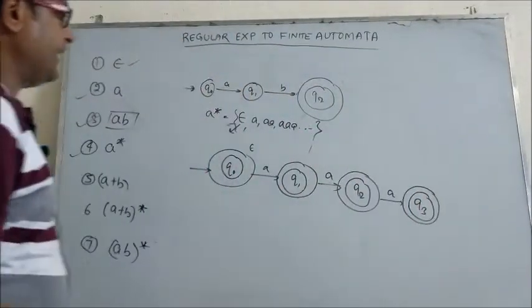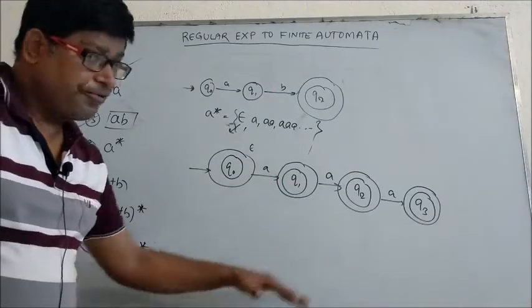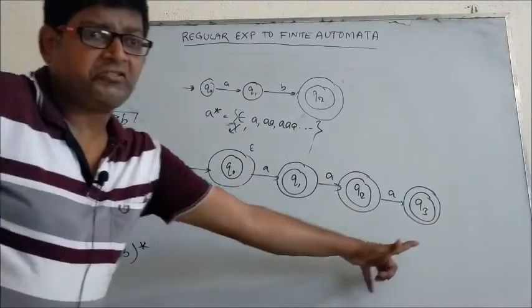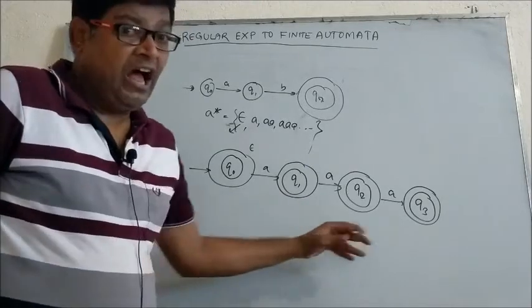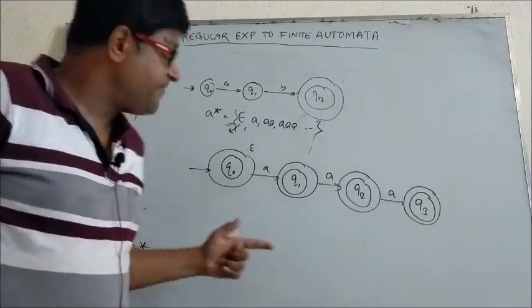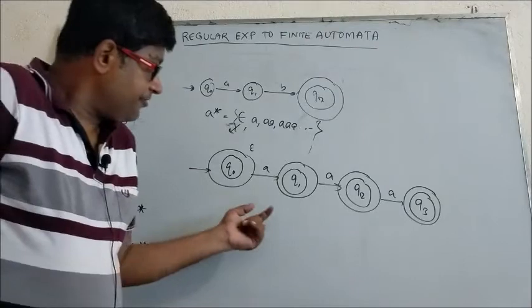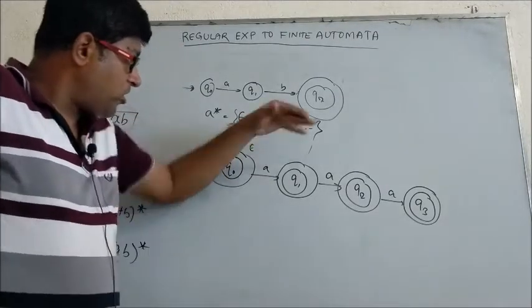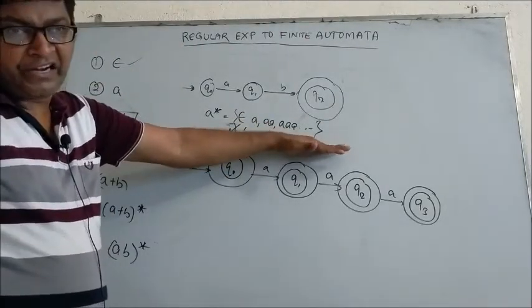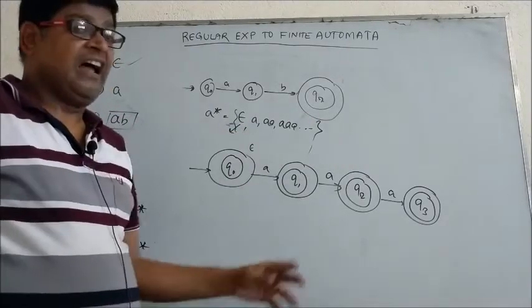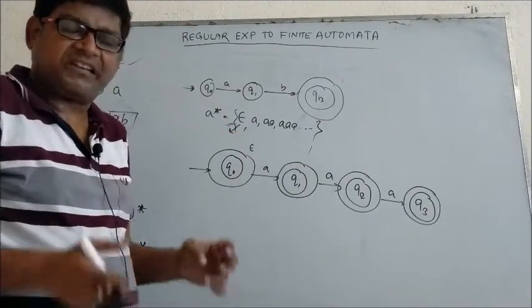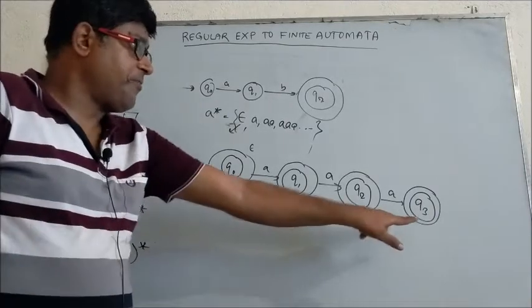Now the question arises here, is this finite automata not going to infinity? Yes, this finite automata goes up to infinity if we design the finite automata on this regular language. But here the characteristics of finite automata will be violated. Why?